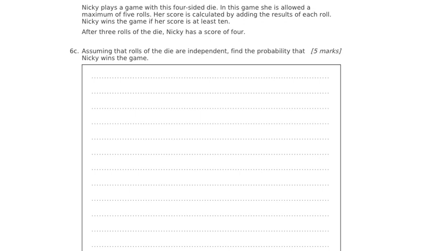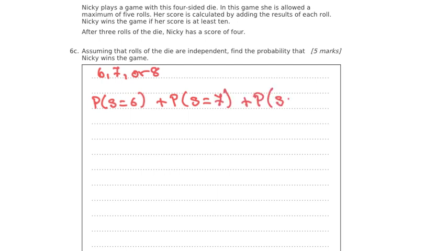In order to win the game, Nikki must get a score of 6, 7, or 8 with the next 3 dice. So you need to calculate the probability that the score is equal to 6 plus the probability that the score is equal to 7 plus the probability that the score is equal to 8.